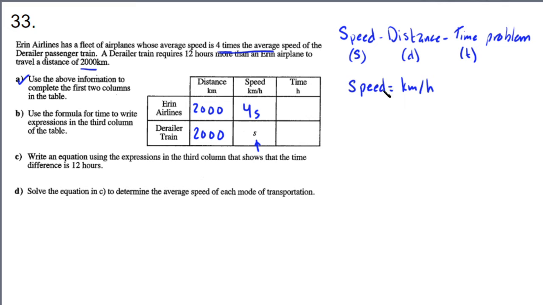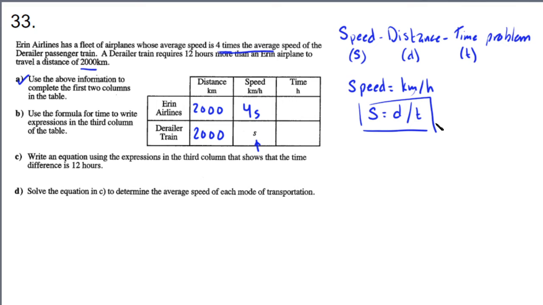So let's just replace the speed, the kilometers, which is the distance, and the time, the hours, with these variables. So instead of speed, we're going to say s. The distance, the kilometers, we're going to call that d, divided by hours, that's going to be time, so divided by t. So this is the speed, distance, time formula.